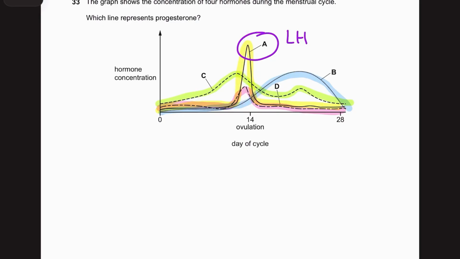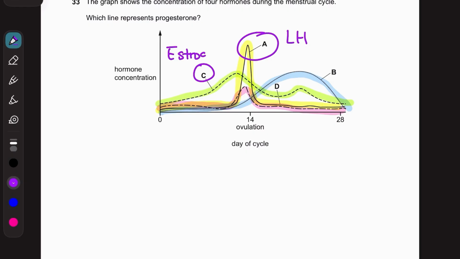Just remember that for a first thing. The second thing is that there are 2 humps that look like overlapping waves. The first hump is always estrogen, and the second hump is progesterone. If you did your revision, you know that estrogen helps to thicken the lining of the uterus and therefore prepares for implantation.